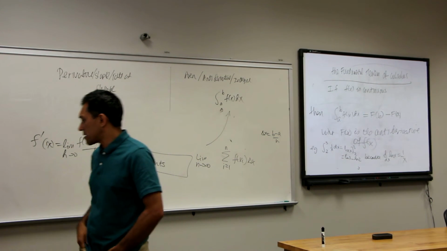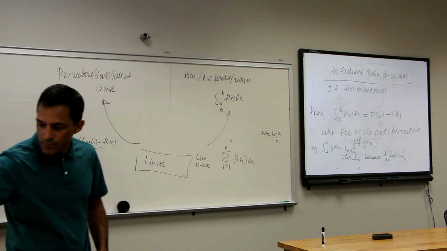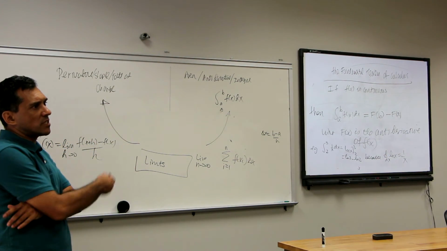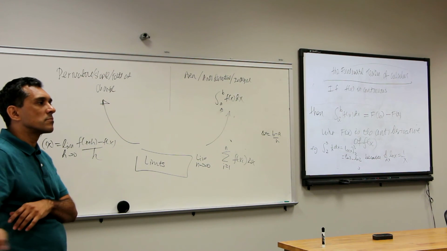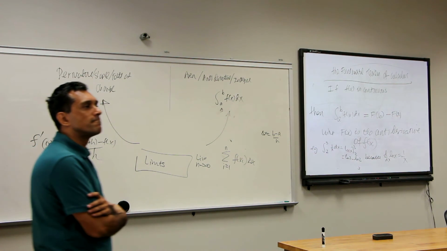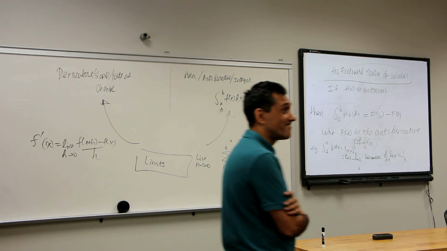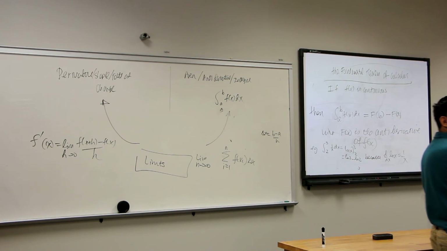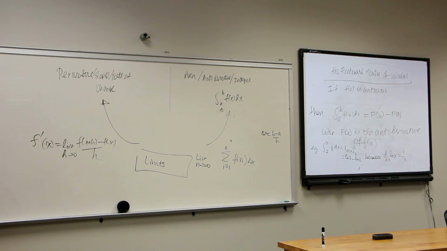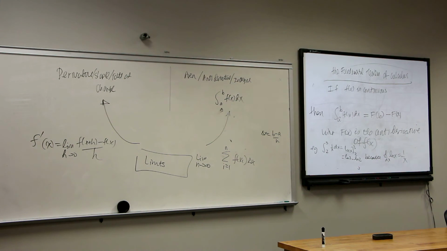Now, my question is, how do you find antiderivatives? It would be okay if you say you don't know, because most of the time you don't know. It is very, very, very hard to find antiderivatives. It's very easy to find derivatives.